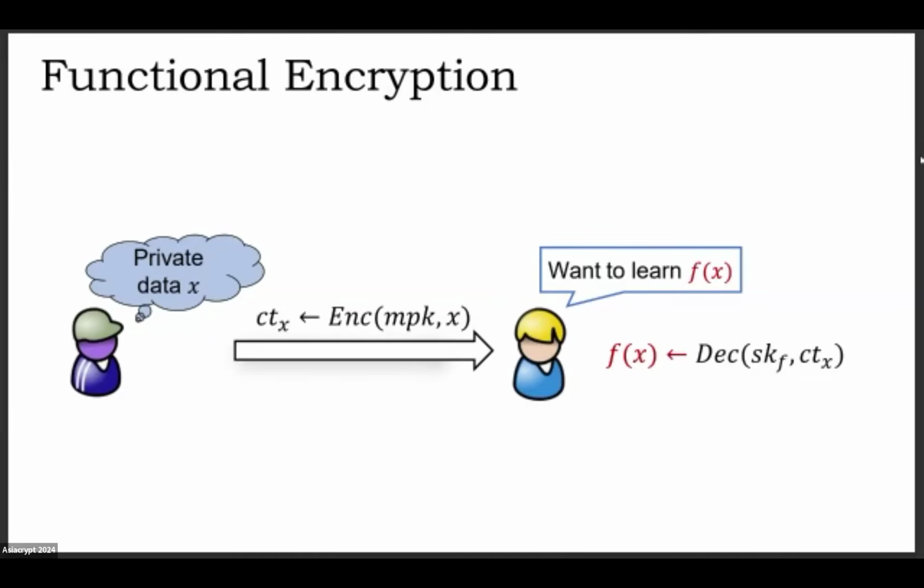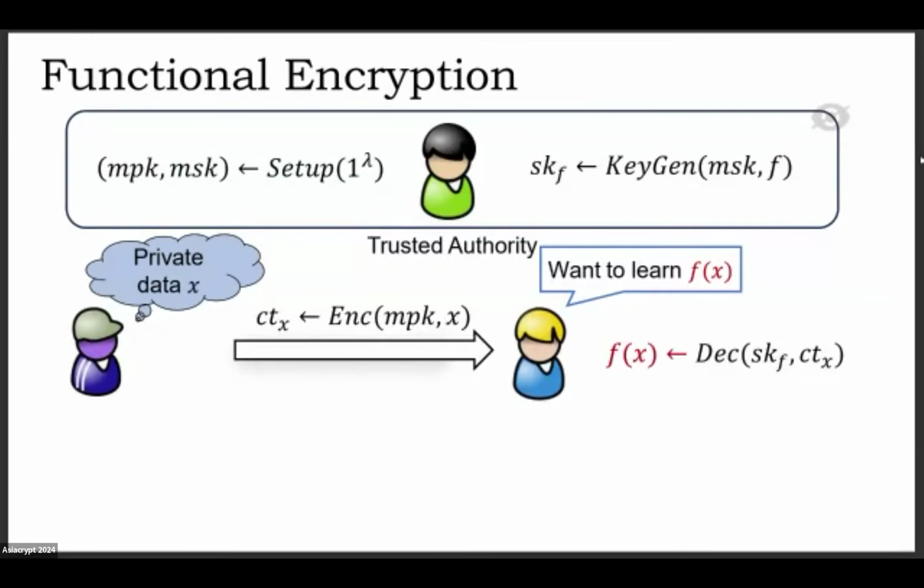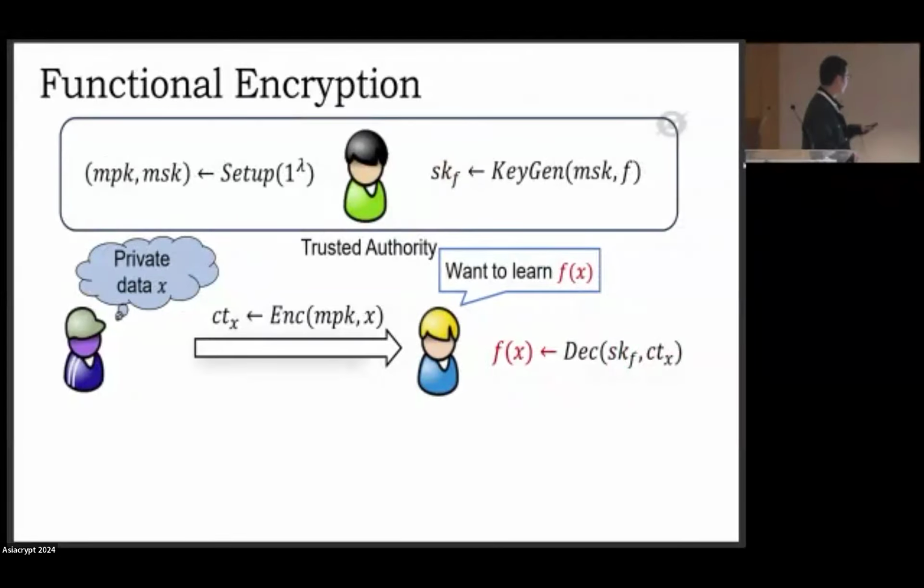After receiving this ciphertext, the receiver will use his secret key SKF to acquire the function value. Both MPK and SKF come from a trusted authority. This authority will run the setup algorithm to generate MPK and master secret key MSK. This MSK is just used to delegate secret keys for different functions.